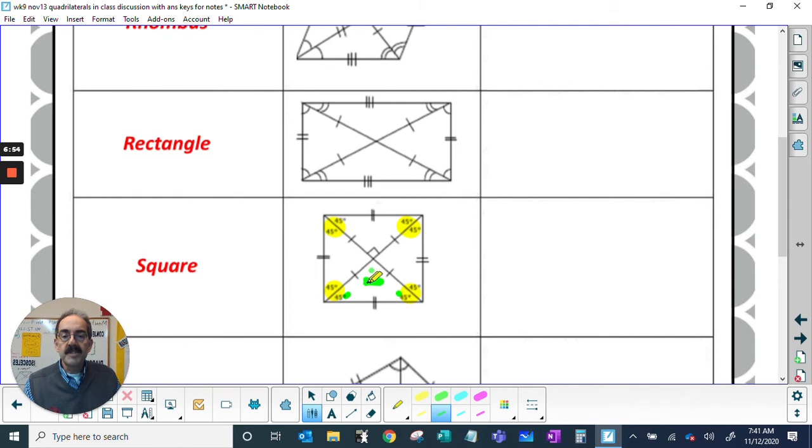Can you see how this triangle is the same as this triangle? The same as this triangle? And the same as this triangle? Squares are really cool. But let's look at the rectangle now.